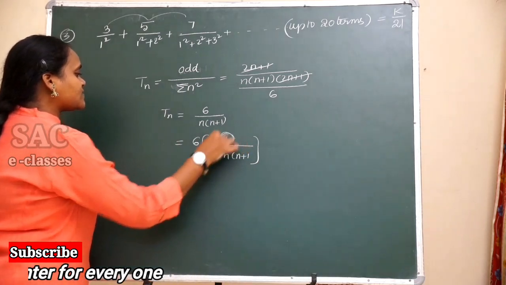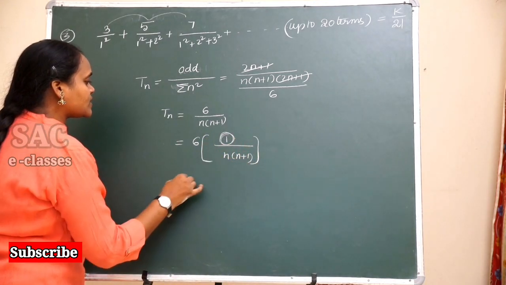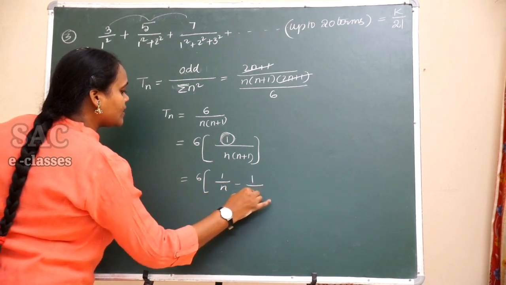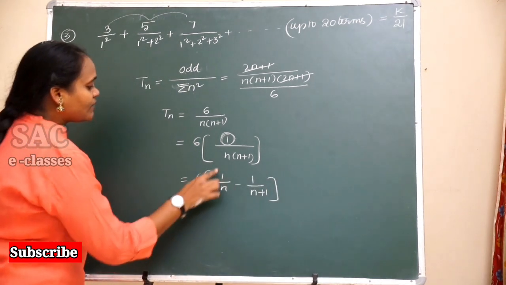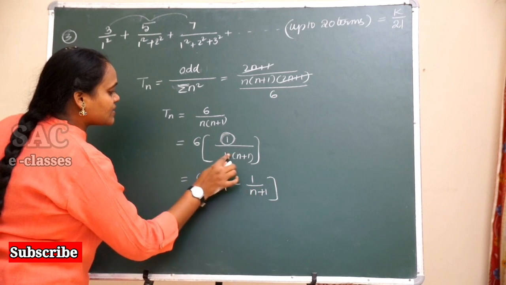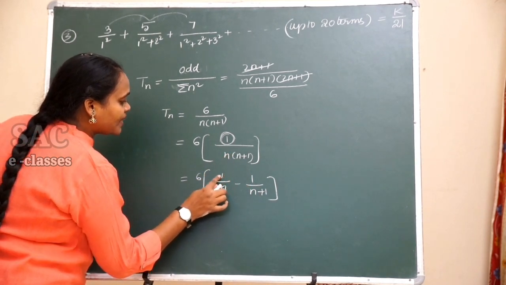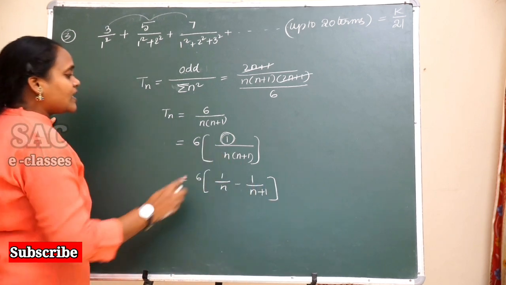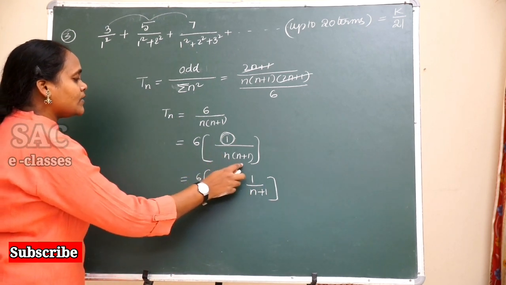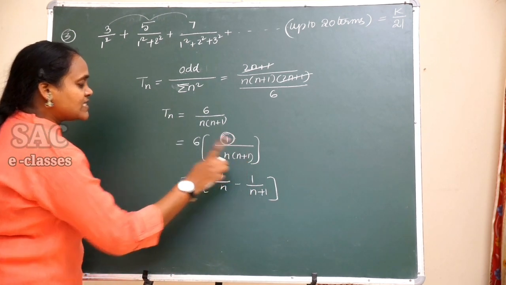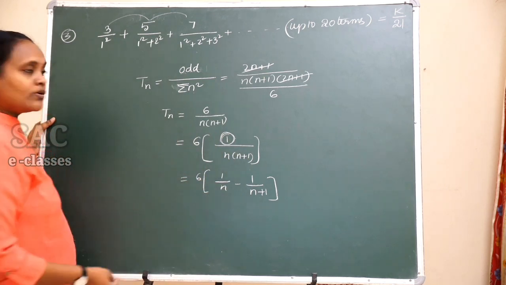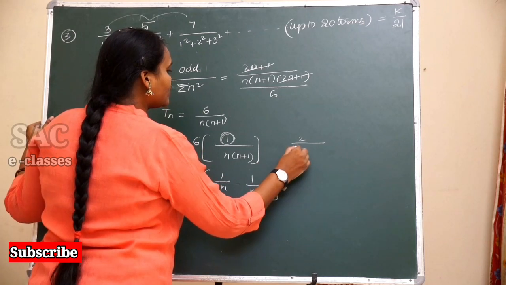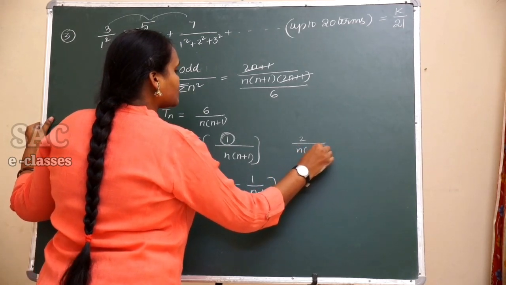Let me express this as a difference of two terms. Yes, I am able to write 1 by n minus 1 by n plus 1. n into n plus 1 can be written as 1 by n minus 1 by n plus 1, because these two are consecutive numbers whose difference is 1. Maybe like this: 2 by n into n plus 2.